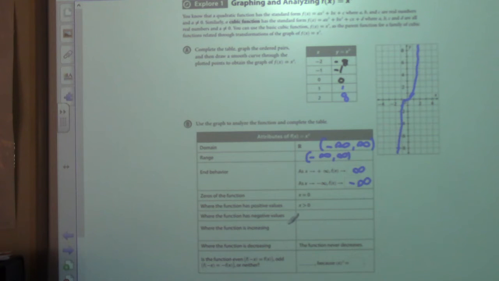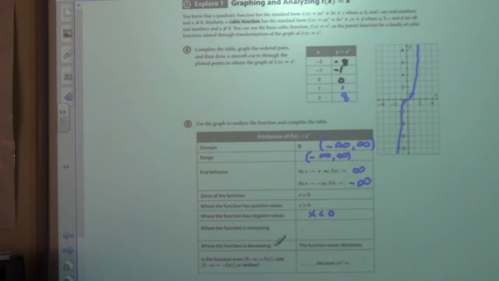And then it says, what are the zeros of the function? Well, there's x equals 0, that's right. And then the next row says where the function has positive values, where x is greater than 0. Where does the function have negative values? Well, where x is less than 0.